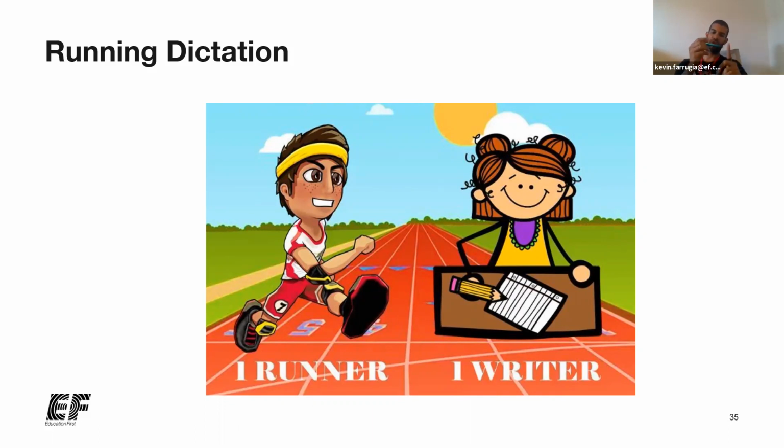So the runner goes from the writer to the text, back to the writer, back to the text. The runner reads the first sentence, goes back to the writer and dictates the sentence, and the writer writes it down. The runner goes back to the second sentence, remembers it, goes back to the writer, writes it down.